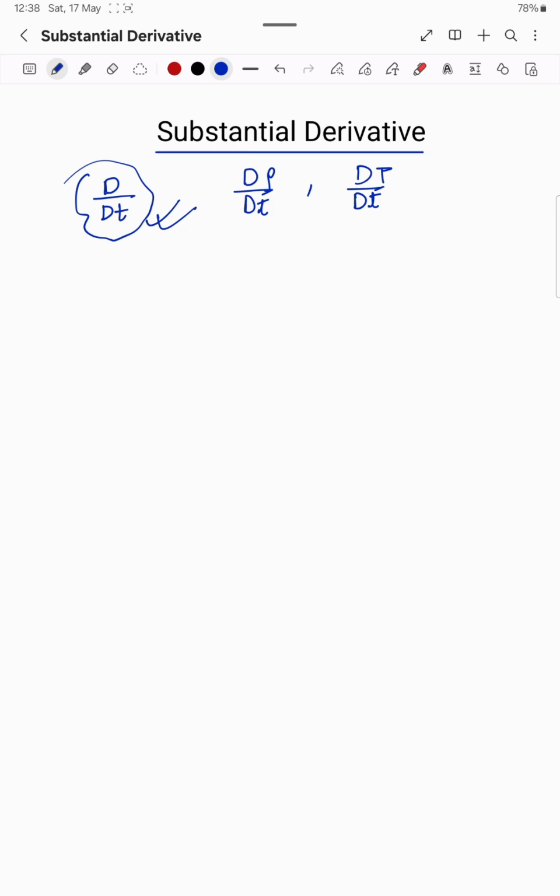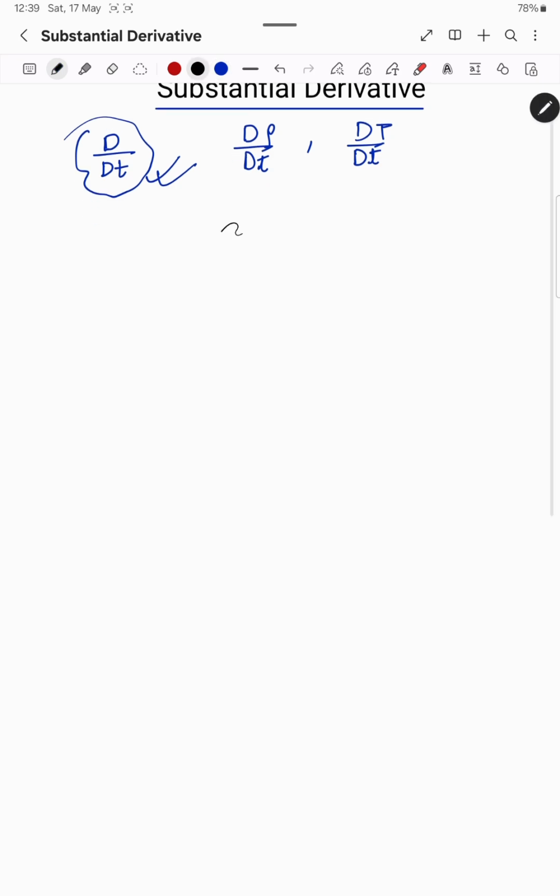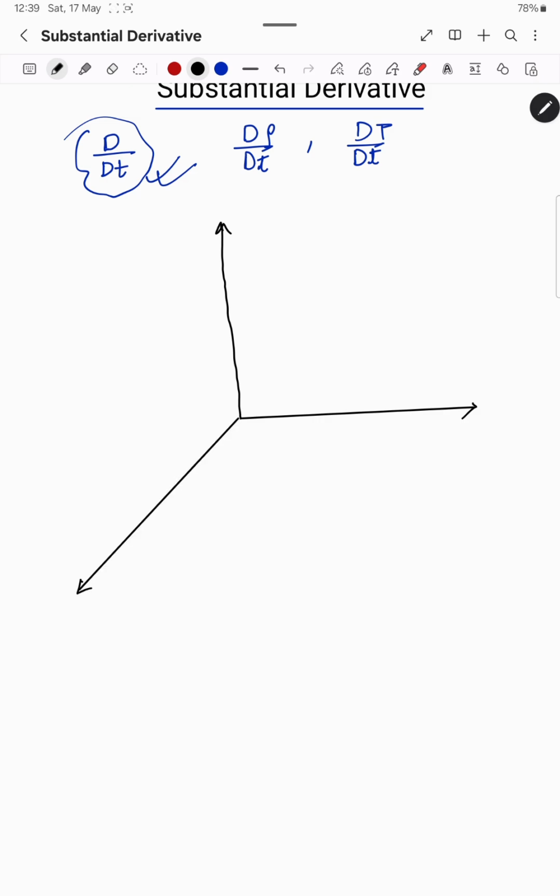I'll take a minute to draw the axis. Now this is our coordinate system, and this is x, y, and z. Suppose we have a fluid element.